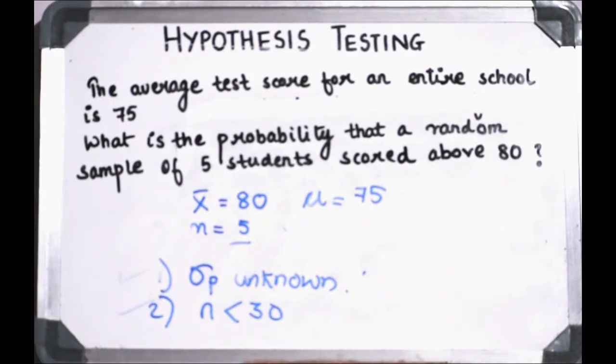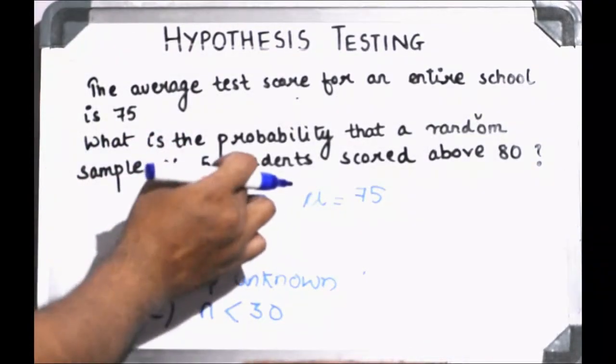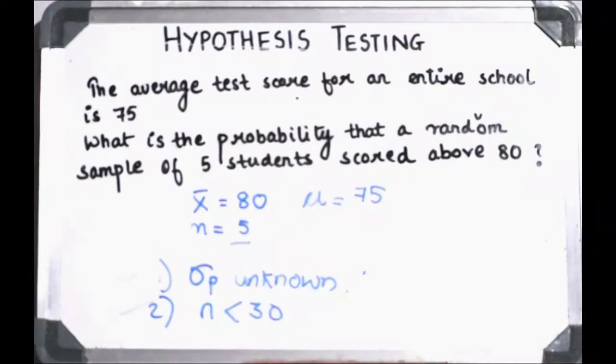Okay. Now instead of the question that was given, suppose the standard deviation of the sample population is given as 10. So in that case also we can go for t-test, because the standard deviation of the population is not given, but the standard deviation of the sample population is given.